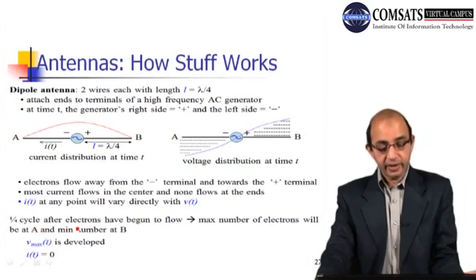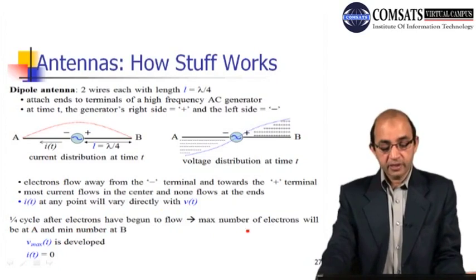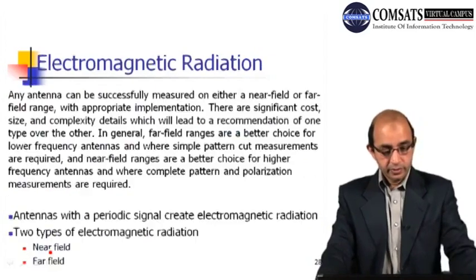After 1/4 cycle, electrons have begun to flow. The maximum number of electrons will be at A and the minimum number at B, right? Because the electrons are being repelled here, and the electrons there will be attracted here. So we have the maximum number of electrons here and the minimum number of electrons at B. So V max T is developed, it is equal to 0.